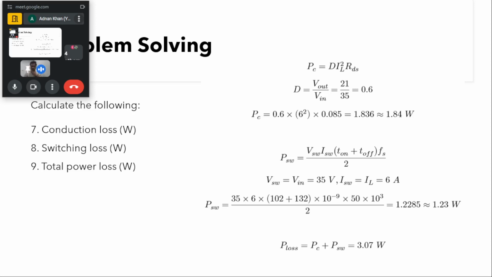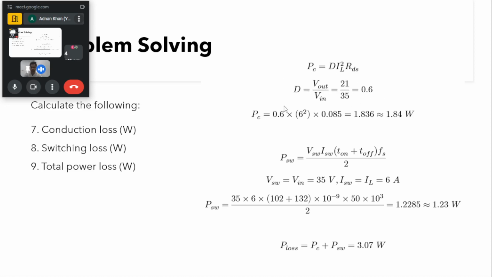But we had seen that the RMS switch current is equal to root D times the IL average current, and if we square that, it will come out to be D into IL squared into RDS on. And we know IL is given in the question itself, it is 6 amps, and we know input and output voltage. From that we can calculate D, and D will come out to be V out by V in, that is 0.6.